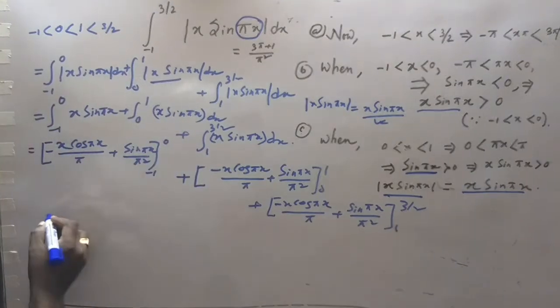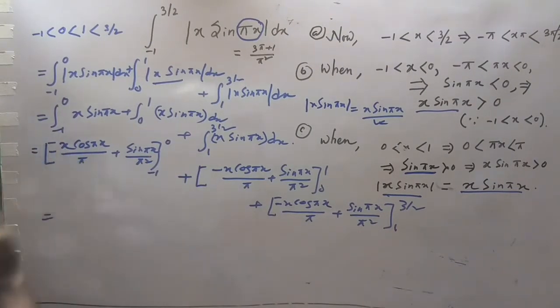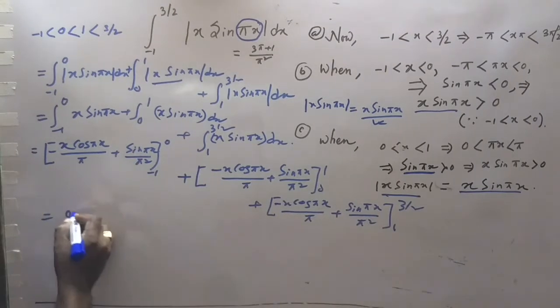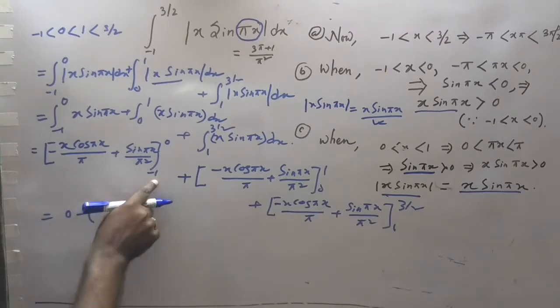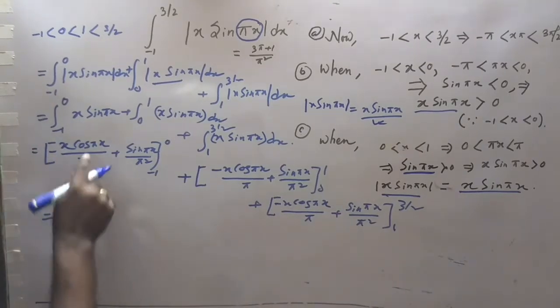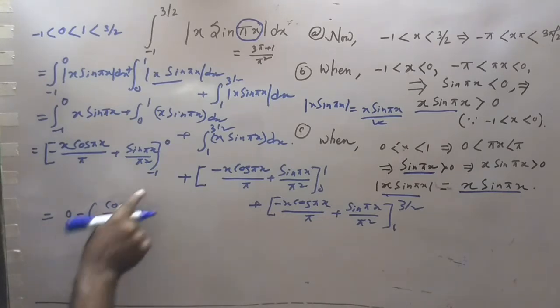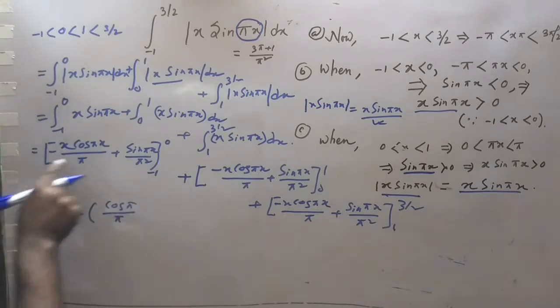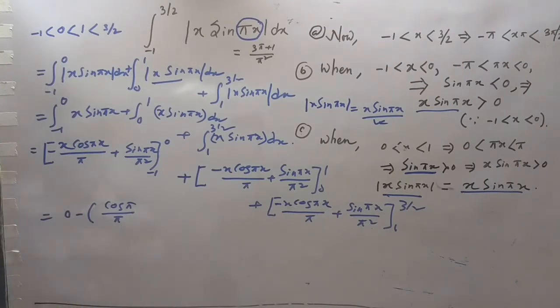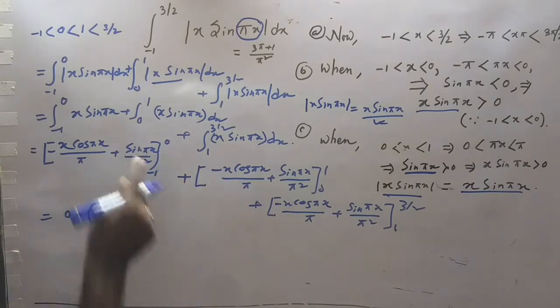Again see, putting the value 0 gives 0, and also 0. So this is 0 minus, then we put the minus, we get minus minus plus cos π/π. See here minus minus plus, and cos is minus, plus, by π. Again sin π is 0 here.